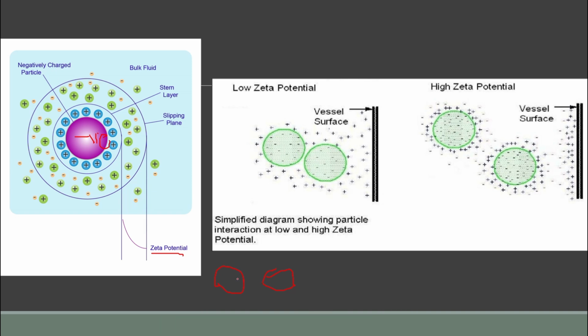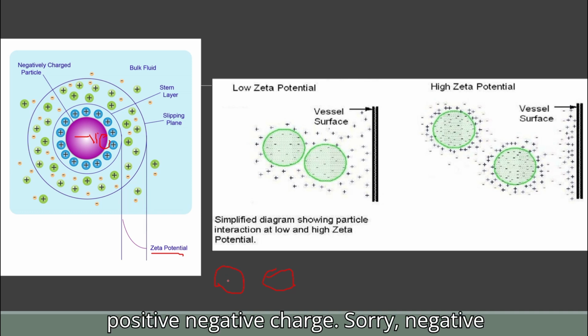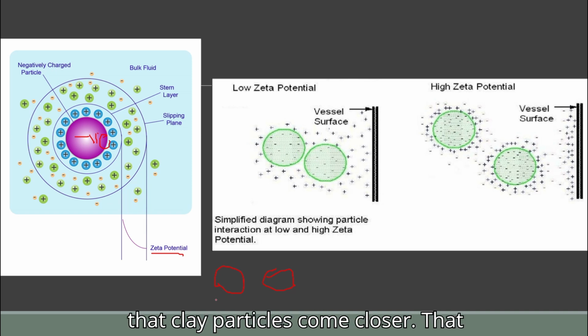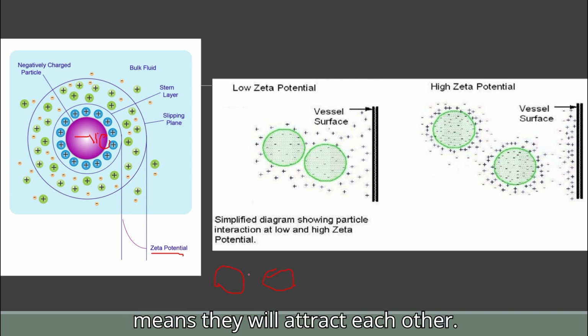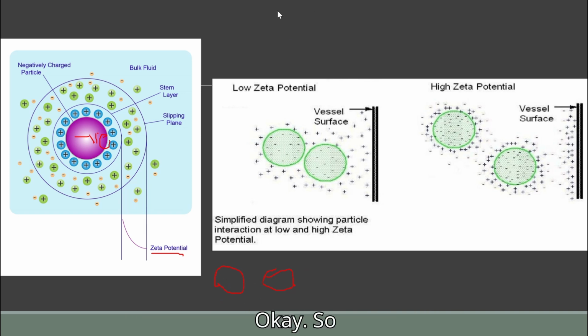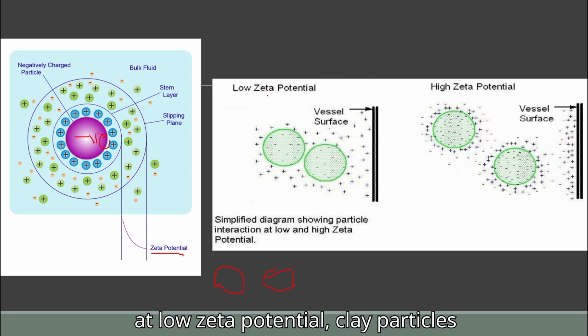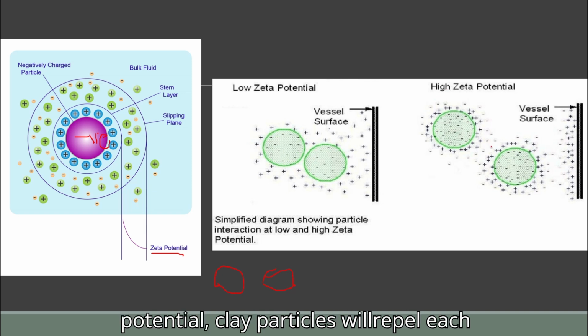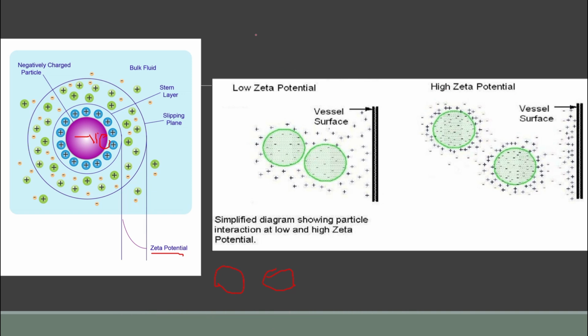While if they have low zeta potential, which means a less strong negative charge, clay particles come closer, that means they will attract each other. So at low zeta potential, clay particles will attract each other. At high zeta potential, clay particles will repel each other.